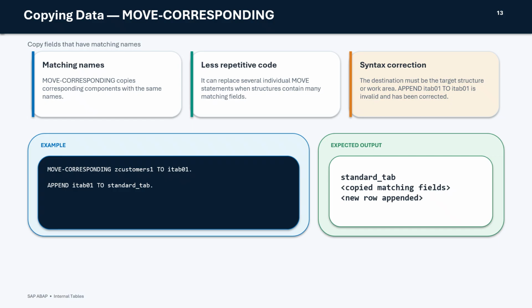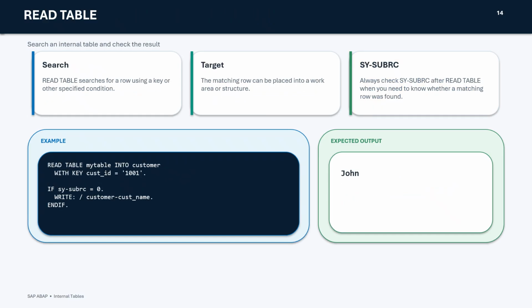Next we'll discuss READ TABLE. READ TABLE searches an internal table for a matching record. For example, in this example we search using customer ID 1001, and the matching record is placed into the customer work area.